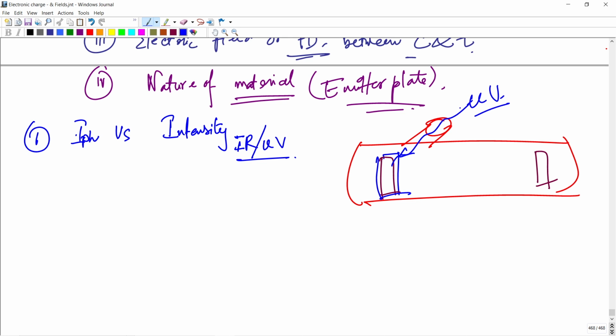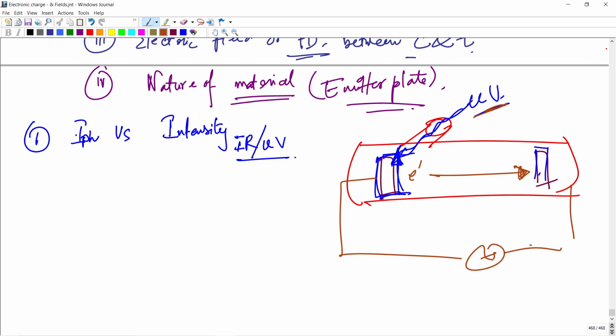More intensity means more photocurrent, actually more intensity means more photoelectrons. More photoelectrons move towards the acceptor plate and are accepted by this plate, and we get some more current here on the milliampere meter. So that's why these two are directly proportional. So I_PH is proportional to the intensity of UV.